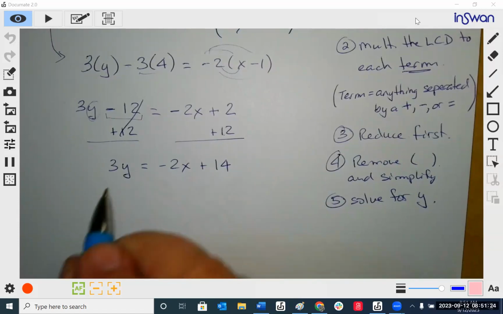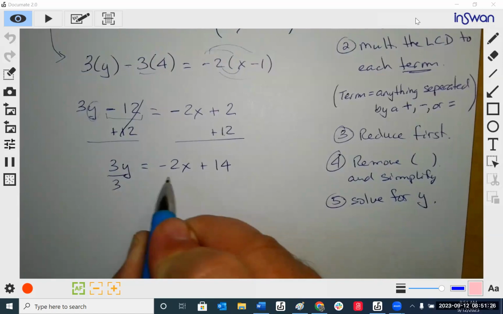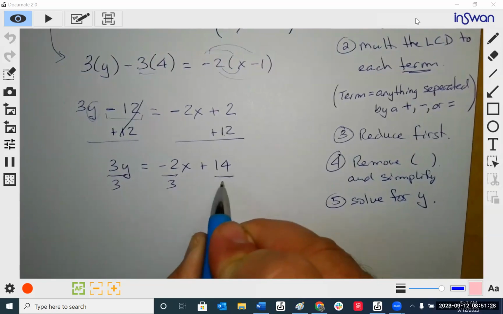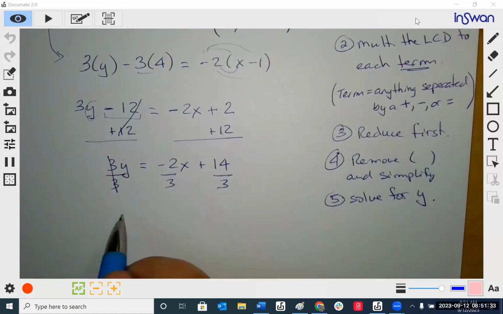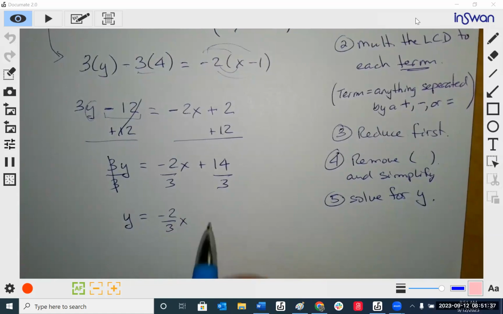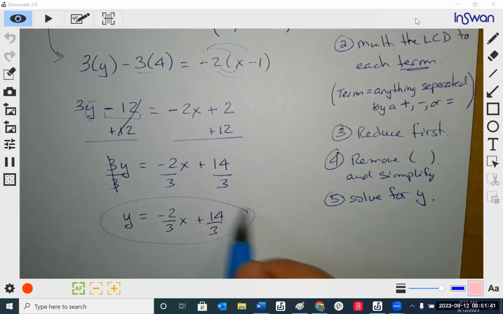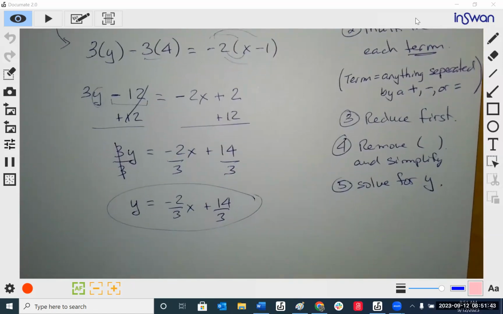Last step, divide each term by 3. And there's our answer. If the answer is supposed to be a fraction, it'll be a fraction at the last step.